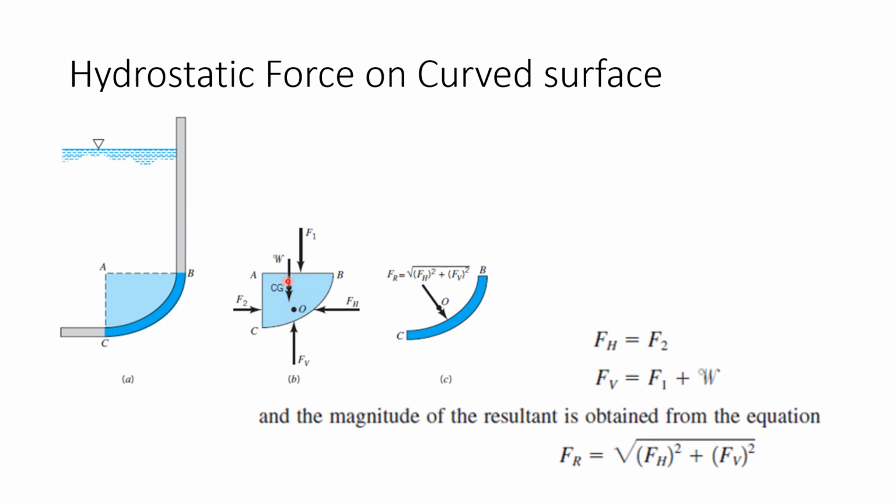If we sum F1 and W, it is equal to the vertical force. And in order to calculate the magnitude of the resultant force, it is equal to the square root of Fh square plus Fv square.